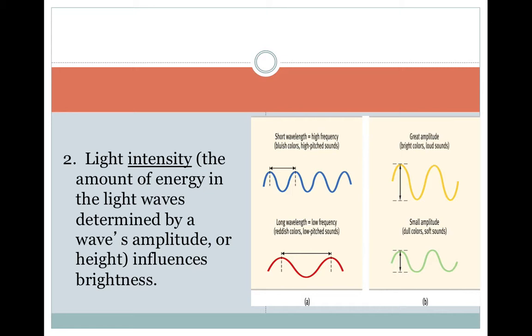You can see from the top of the wave on the right-hand side of the chart to the bottom valley of the wave. So the greater the amplitude, the brighter the color. The smaller the amplitude, which you can see determined by the light green at the bottom right-hand corner, the duller or softer the color.